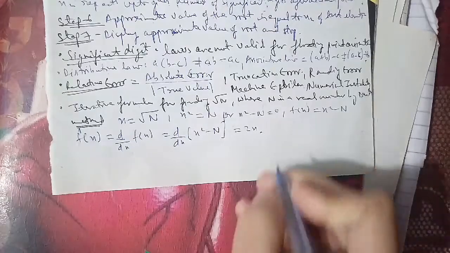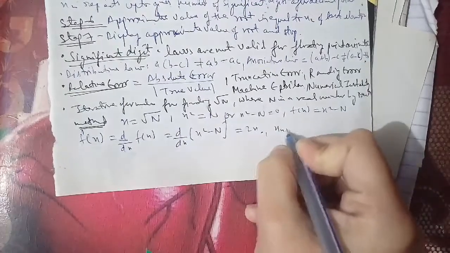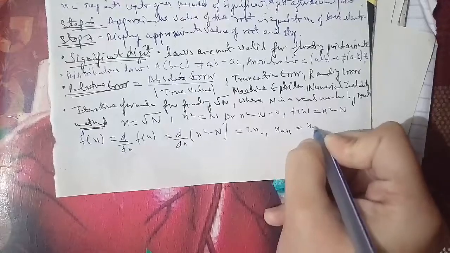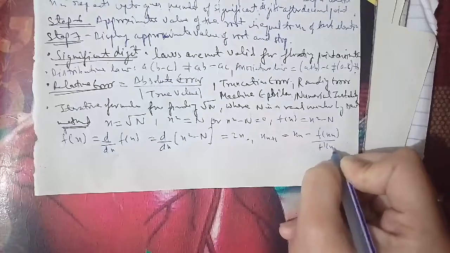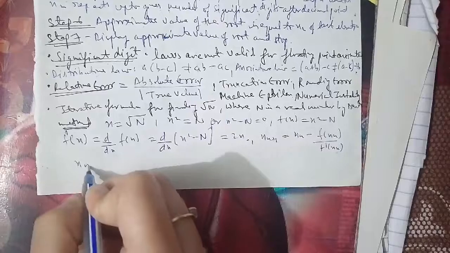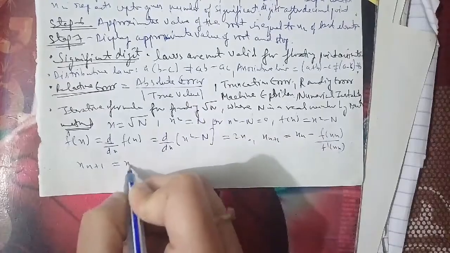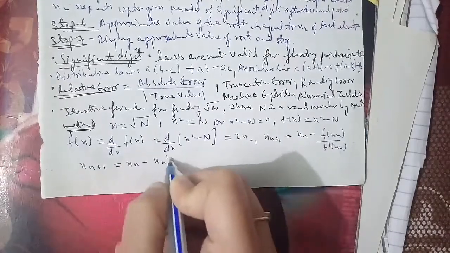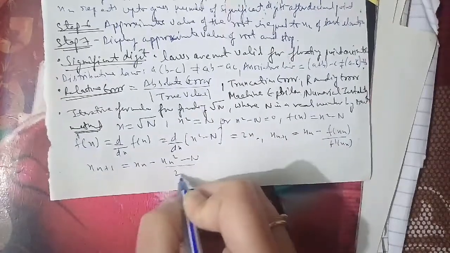So the iterative formula for the Newton method is given as x(n+1) equals x(n) minus f(xn) upon f'(xn). Putting the values of f(xn) and f'(xn), we get x(n+1) equals x(n) minus (xn squared minus N) upon 2xn.